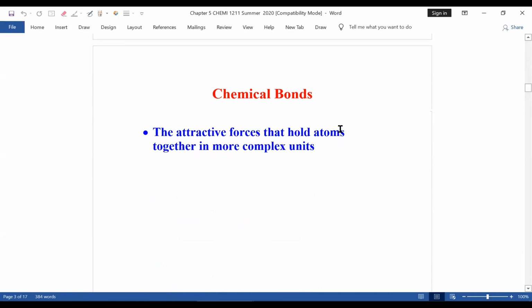Now, what connects or keeps those atoms together in molecules? We call that a chemical bond. I'll never ask what is a chemical bond, but I'll use the term, and you should know that a chemical bond is the attractive forces that hold atoms together in more complex units we call molecules.